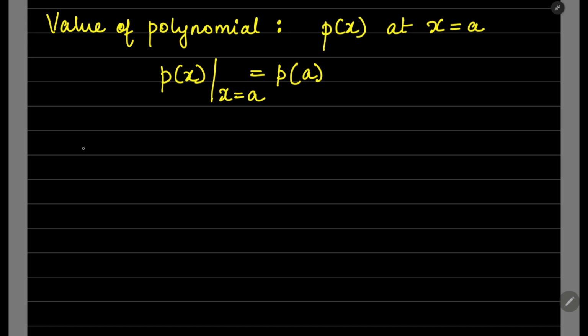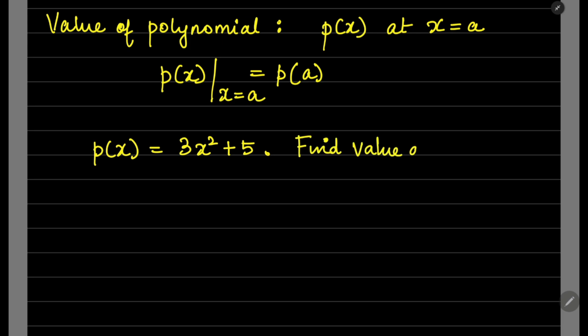For example, suppose you have p of x equal to 3x square plus 5, and I am asking you to find the value of p of x at x equal to 2.